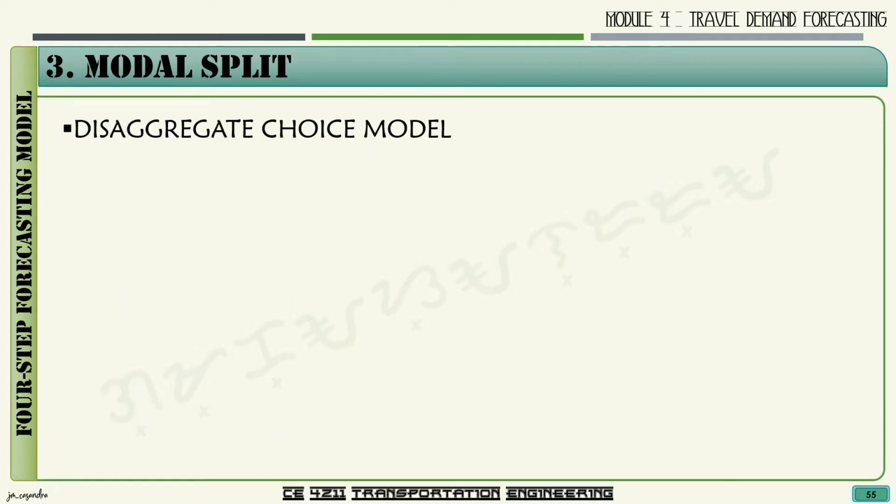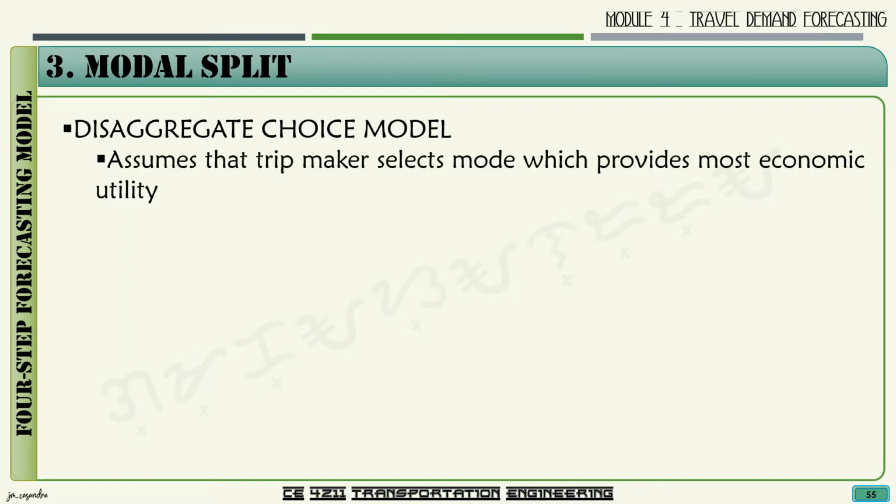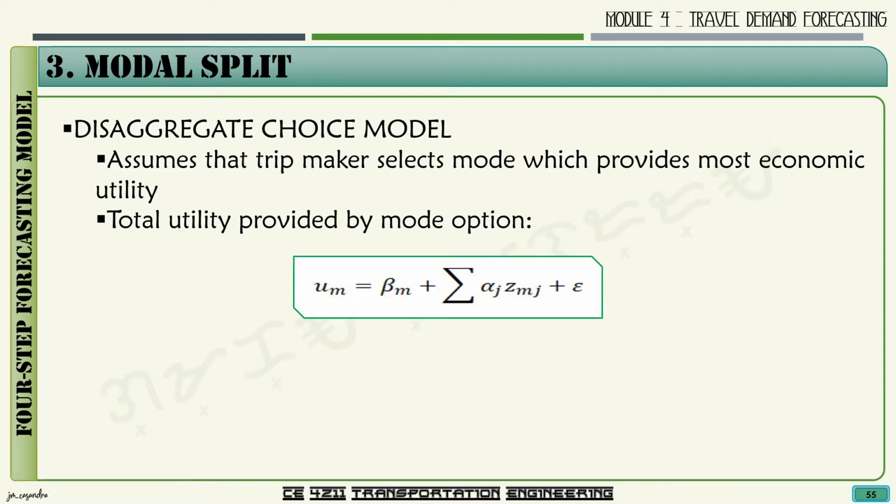So for modal split, we have different methods or models used. The first one is what we call the disaggregate choice model. This assumes that the trip maker would select the mode which provides the most economic utility. The total utility provided by a mode option will be computed as U sub m is equal to beta sub m plus the summation of alpha j times z sub mj plus epsilon.